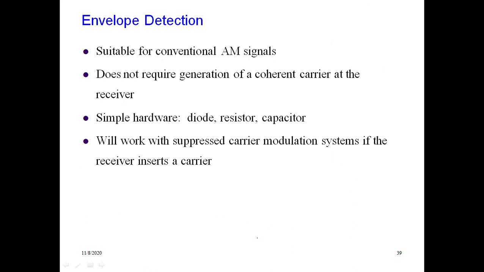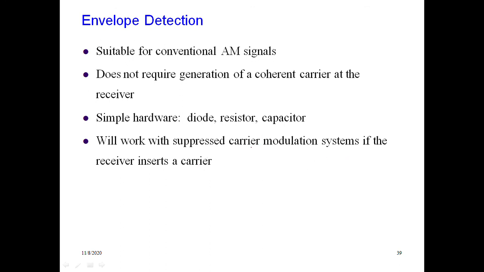This envelope detection is usually for the conventional AM. It does not require generation of a coherent carrier like the SBSC, which needs a coherent carrier. It just uses simple hardware: a diode, resistor, and capacitor. It also works with a suppressed carrier modulation system if the receiver inserts a carrier.